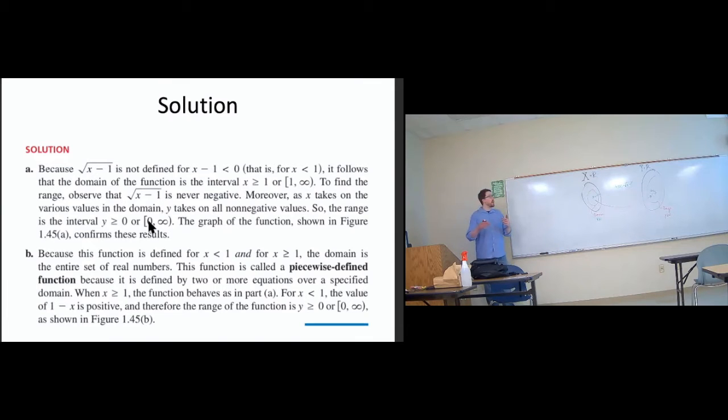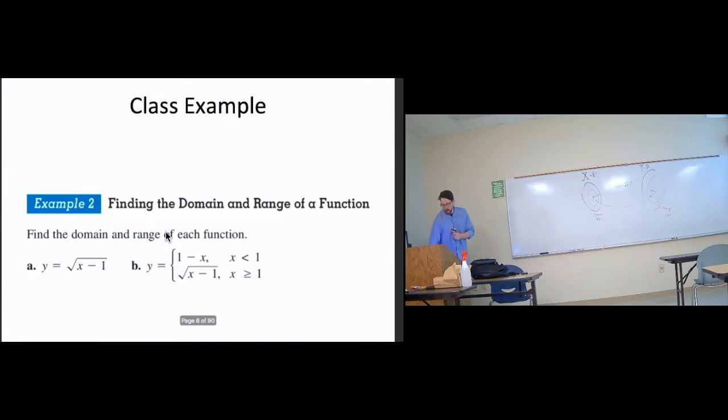So if you end something with infinity, it always has to have that rounded bracket. If you begin something with negative infinity, you have to begin it with that rounded bracket, because you can never attain infinity. Make sense?